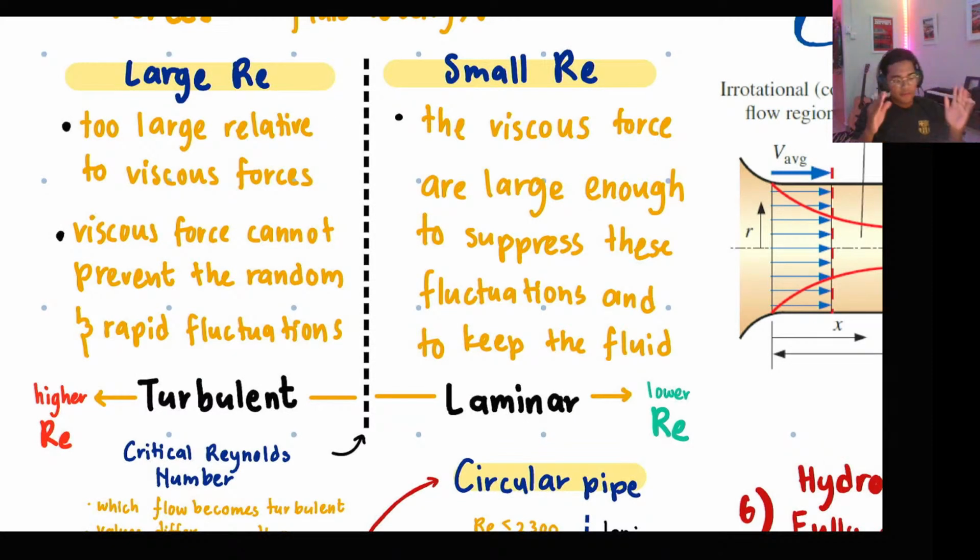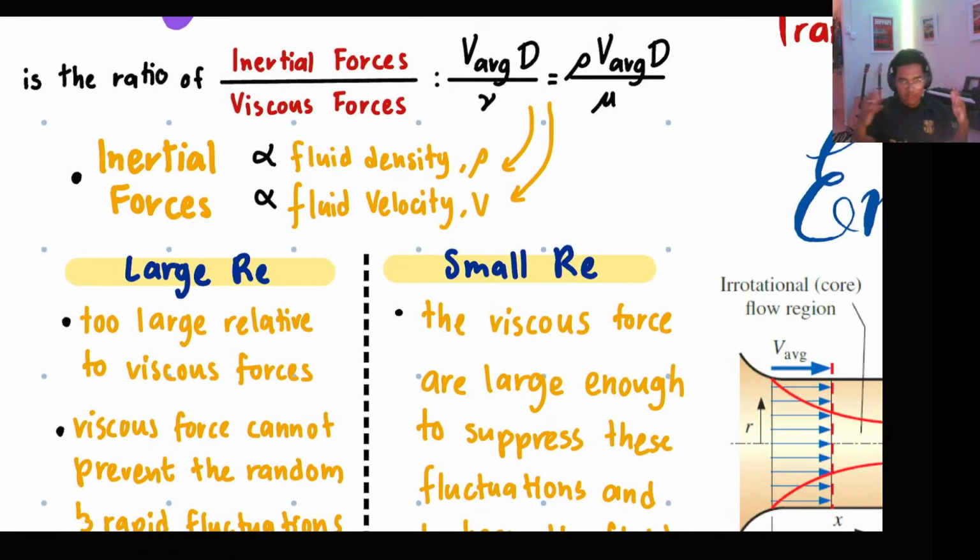So that's the difference between a large Reynolds number and a small Reynolds number. A large Reynolds number means that the inertial forces are large relative to the viscous forces. Talking about the ratio, if you have a very high ratio, it means that the inertial forces are very high and the viscous forces are very low.